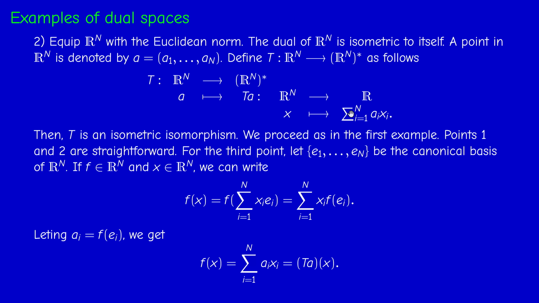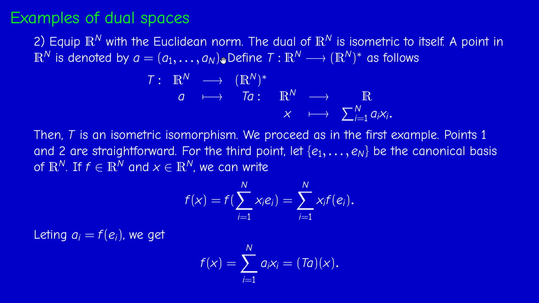Because if you look carefully, all we used here is just the properties of a dot product. But you have to use the Riesz representation theorem to prove surjectivity. So here you have to change the third point a little bit. In the case of Rn, we use the fact that we have a finite basis.